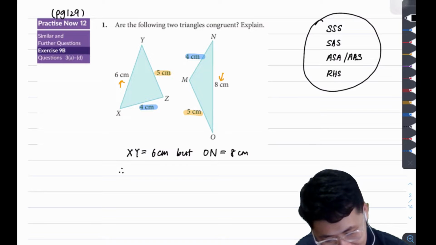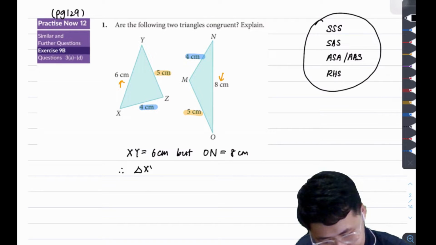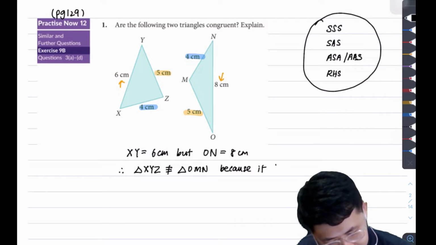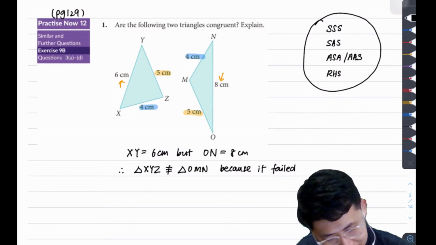So the conclusion is triangle XYZ is not congruent to triangle OMN, because it failed the SSS test.